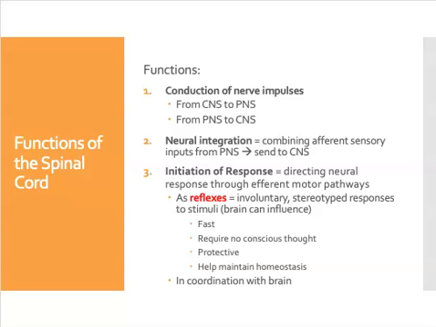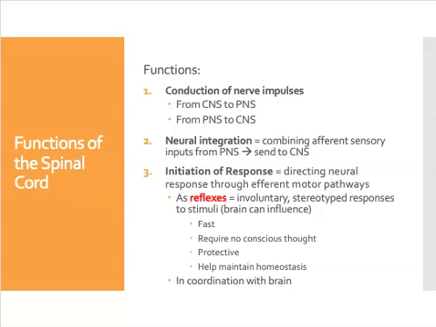This is what's called a neural reflex. These are involuntary responses. They're what we call stereotypical. In other words, they are repeatable. They happen the same way again and again and again.